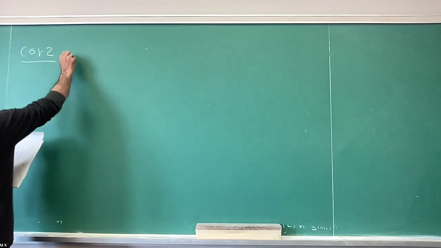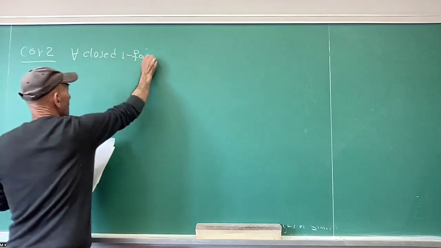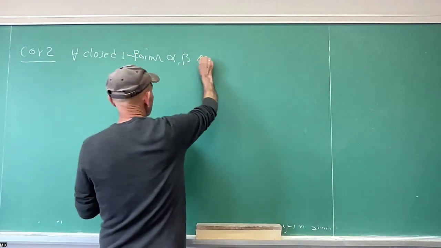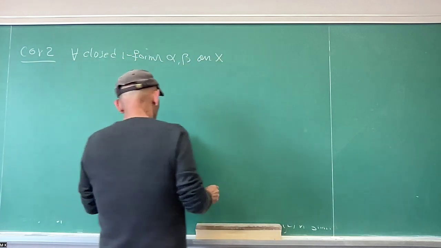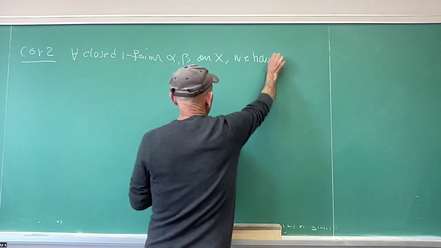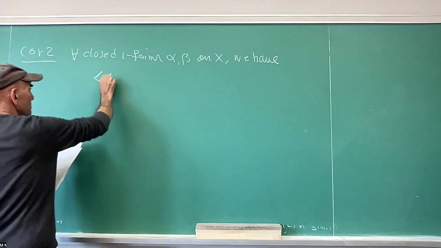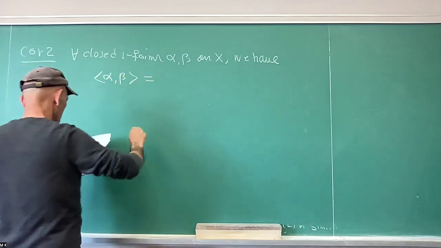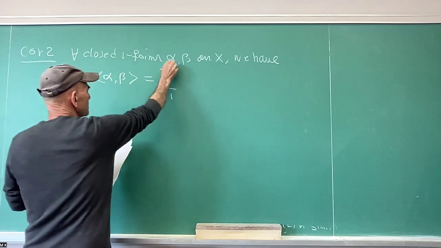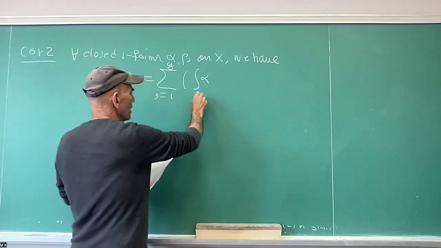Now for any closed one forms alpha and beta on X, we have again the pairing between alpha and beta is equal to the sum, j from 1 to g, of the integral of alpha over aj times the integral of beta over bj, minus the integral of beta over aj times the integral of alpha over bj.